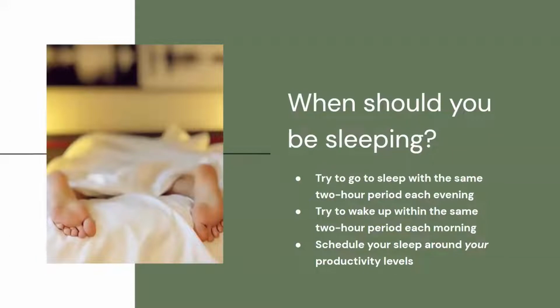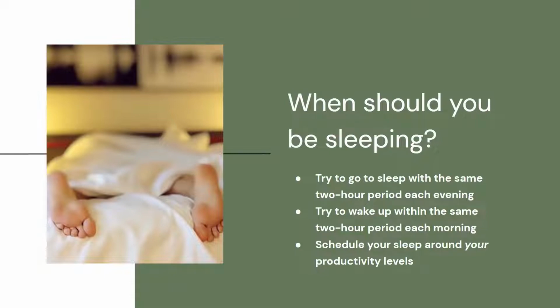So to begin, when should you be sleeping? The key rules to consider when figuring out your sleep schedule is making sure that you're generally going to sleep within the same period of time and that you're waking up within the same period of time.